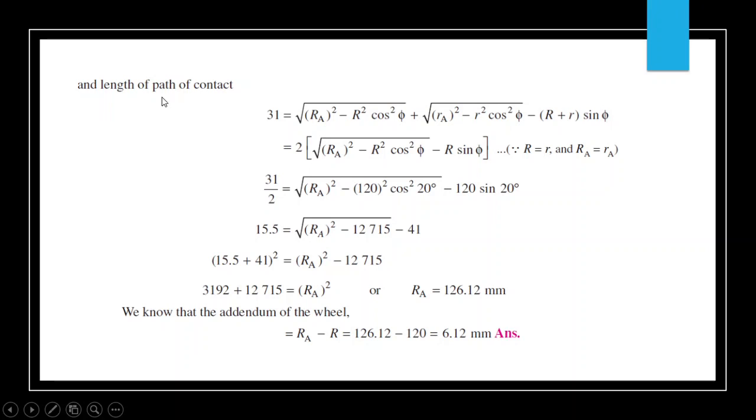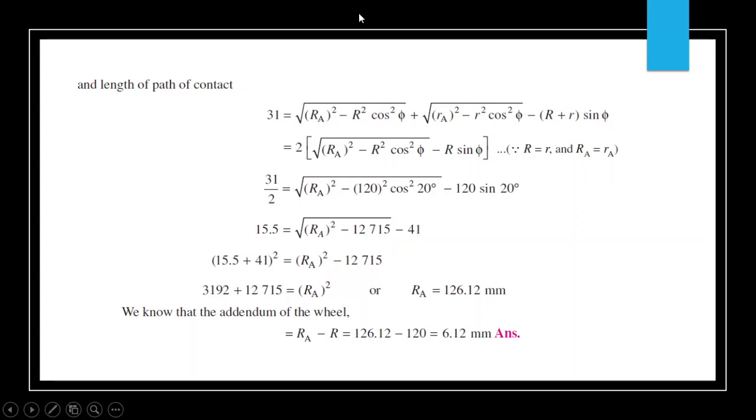Next, the length of path of contact. We know that the equation for the length of path of contact is equal to root of capital Ra square minus capital R square cos square phi, plus root of small letter ra square minus small r square cos square phi, minus R plus R sin phi.